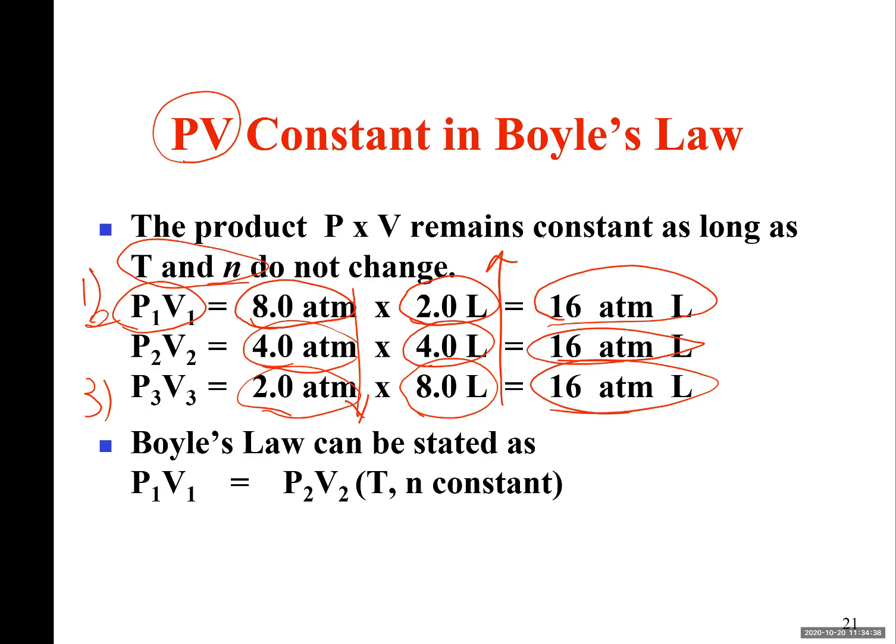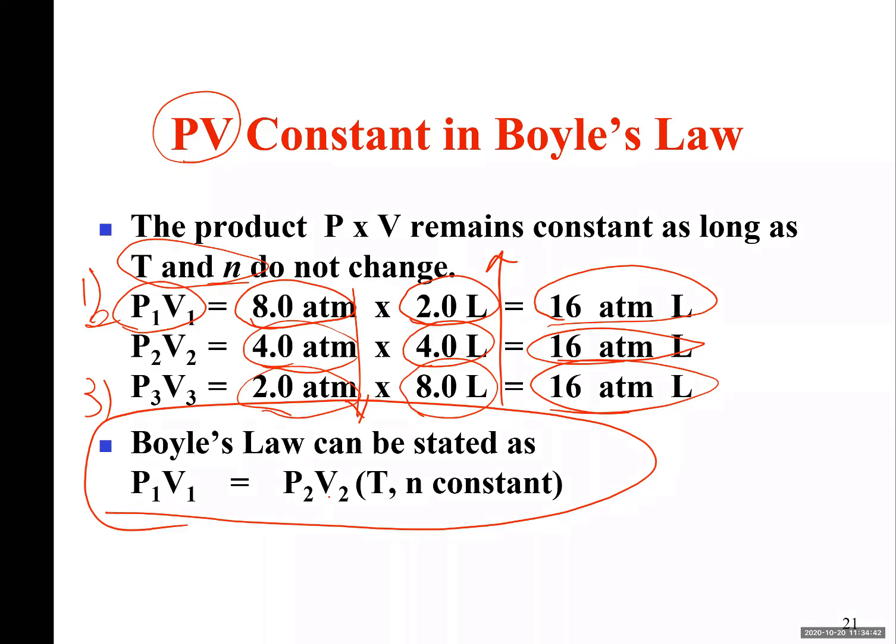So Boyle used this experimental observation. He came up with this conclusion. At a constant temperature for a fixed amount of the gas, the product of pressure and volume remains constant. So we call this Boyle's law.